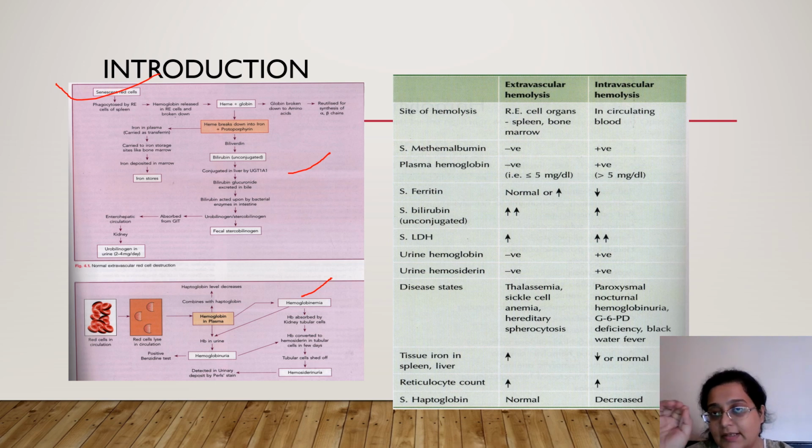Once it starts passing out through the urine, it will damage the filter that the glomerulus makes, and this hemoglobin will also get deposited in that filter. It is a very crass example to use, but when sewage flows, the filter will get blocked if the water is very slushy and thick. Same happens in the blood.